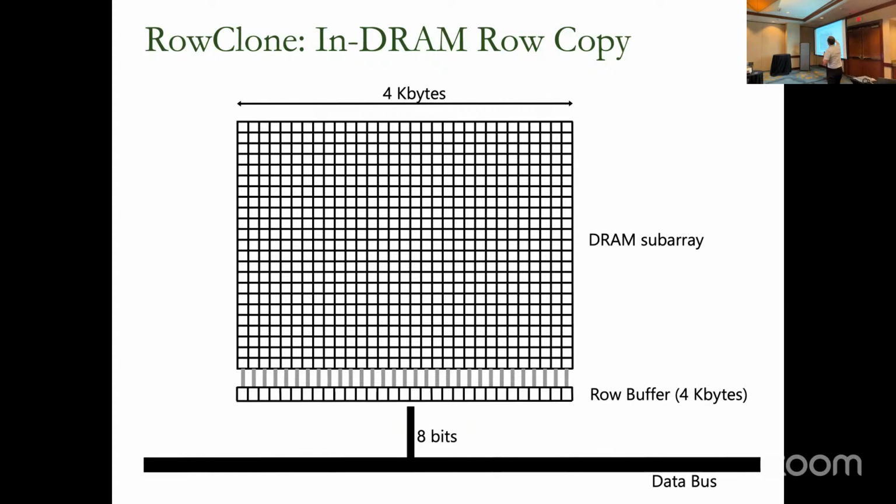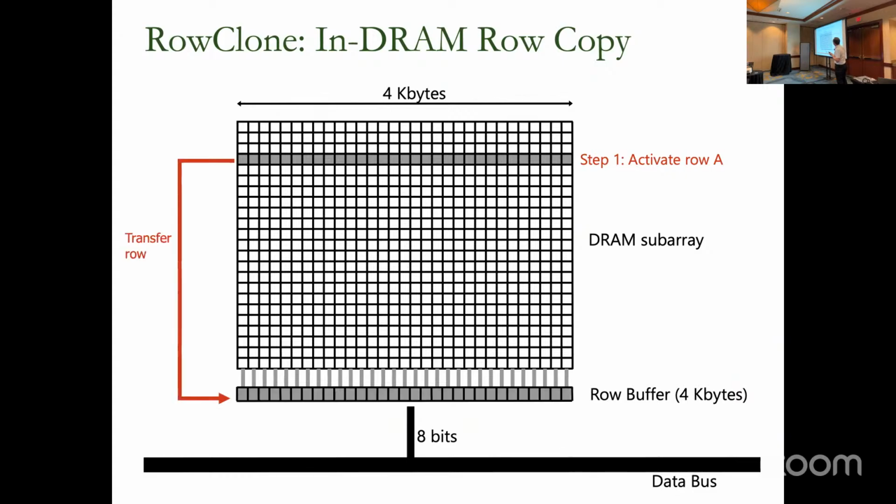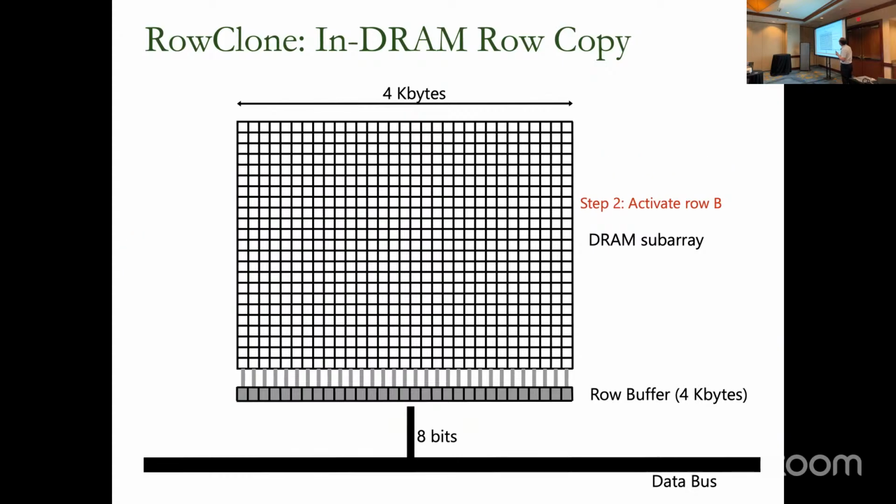So essentially, if you want to copy a source row to a destination row, if they are both in the same DRAM subarray, you first activate the source row, which brings the data into the row buffer. Now the data is nice and stable in the row buffer. And then you activate the destination row, which implicitly deactivates the source row and connects the row buffer to the destination.